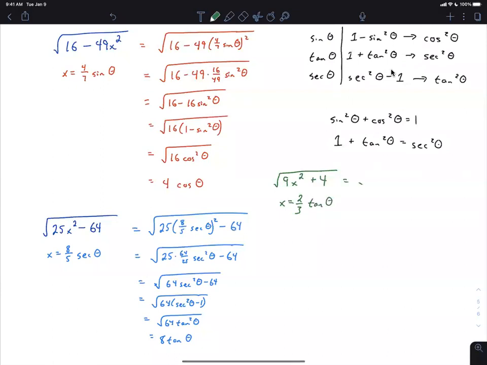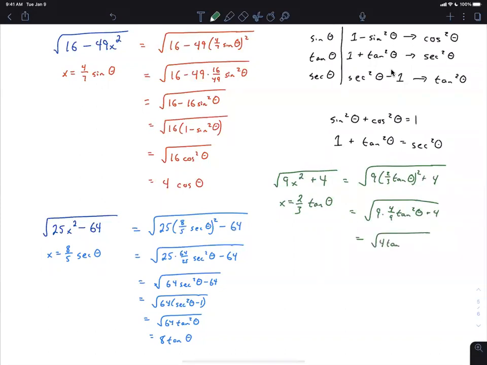So if I plug that in, I get 9 times 2/3 tangent theta squared plus 4. I square that and I get 9 times 4 over 9 tangent squared theta plus 4. The 9s cancel, so I get 4 tangent squared theta plus 4.